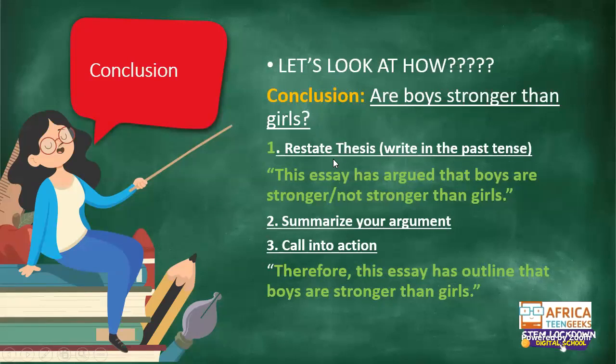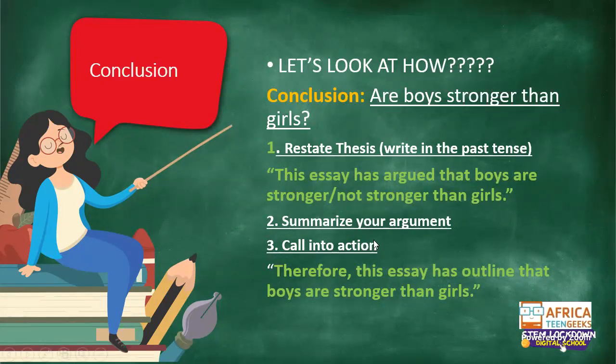For example, this essay has argued that boys are stronger or not stronger than girls, depending on what you were arguing. Number two, in your conclusion, you summarize your argument. How do you summarize your argument? You summarize the initial points that you've been trying to make in your argument.